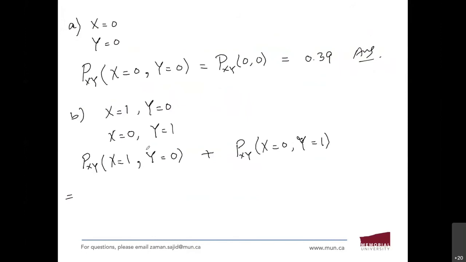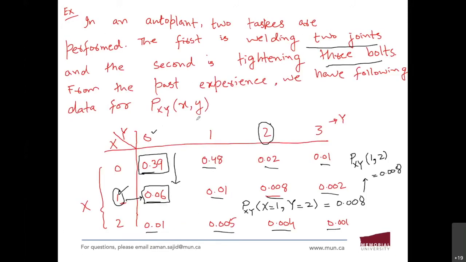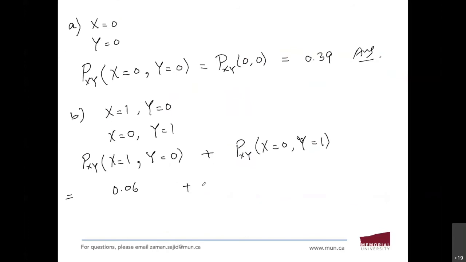So this is 0.06 plus, now for this one, x should be equal to 0 and y equal to 1. Again, I'm going back to my tables. At x equal to 0 and y equal to 1, this is my probability value here, 0.48. You add them and you get your final answer, 0.54.